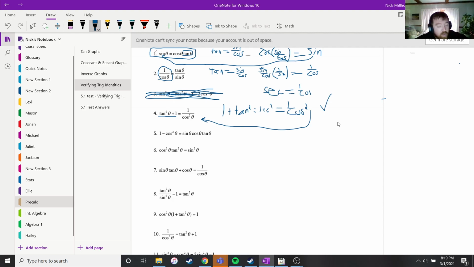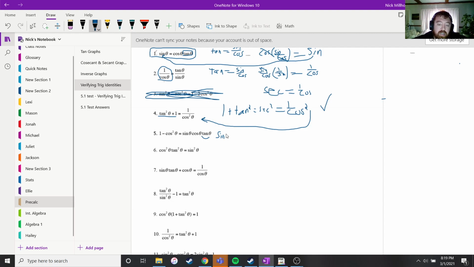Now 1 minus cosine squared is equal to sine times cosine times tangent. So we know we got sine. I'm going to substitute what we know for tan to be, which is sine over cosine.